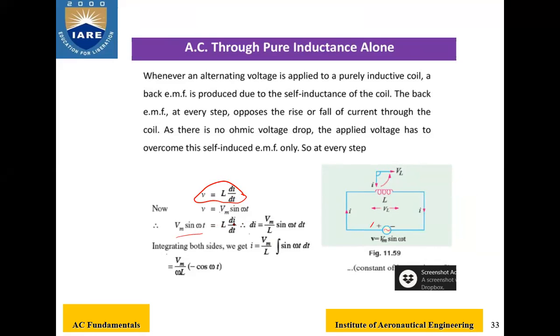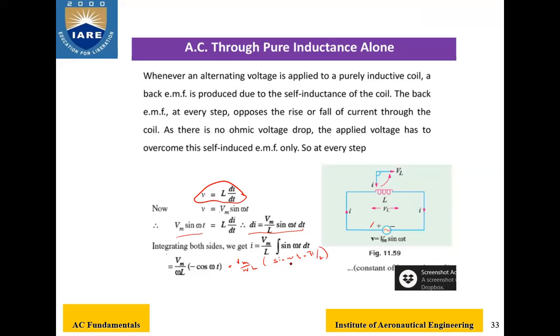So from this, we get dI equals Vm by L into sin omega t into dt. By integrating this equation, we get Vm by omega L into minus cos omega t. Instead of this, we can write Vm by omega L into sin of omega t minus pi by 2.